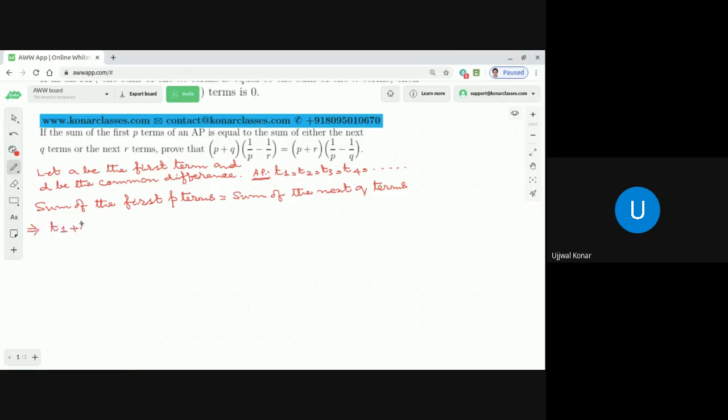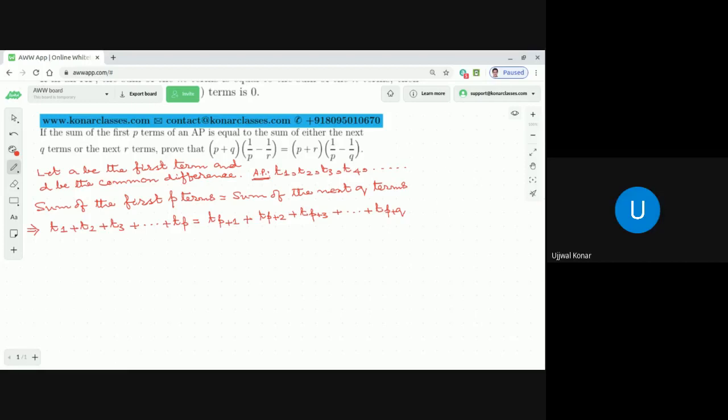T1 plus T2 plus T3, in that way, if we go till Tp, is equal to T of P plus 1 plus T of P plus 2, plus T of P plus 3, up to T of P plus Q, correct or not? Sum of the next Q terms. Are you getting my point, dear students? Anyone has any doubt? Sum of the first P terms.